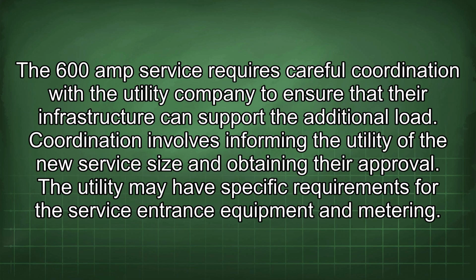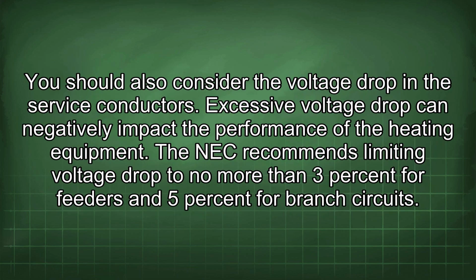The 600 amp service requires careful coordination with the utility company to ensure that their infrastructure can support the additional load. Coordination involves informing the utility of the new service size and obtaining their approval. The utility may have specific requirements for the service entrance equipment and metering. You should also consider the voltage drop in the service conductors.